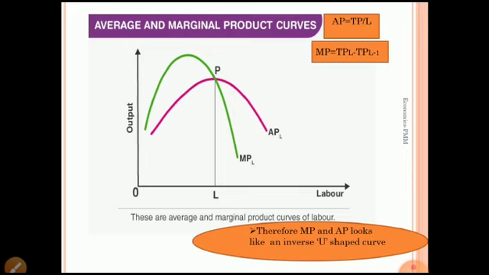So the marginal product curve is more inconsistent as compared to average product. Therefore, marginal product and average product look like an inverse U-shaped curve. Initially it goes on increasing, then starts declining.